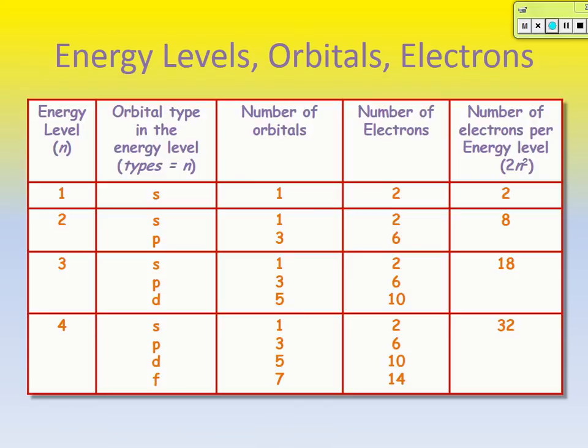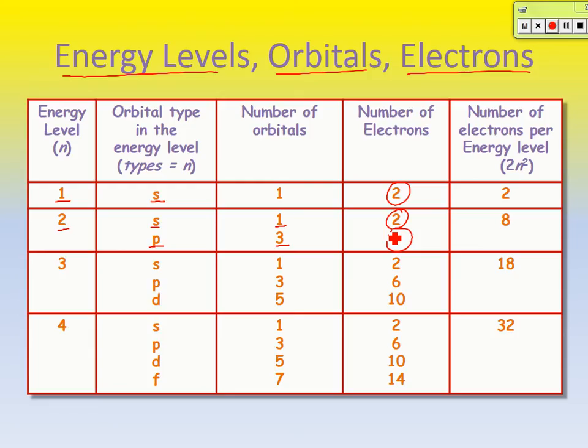Okay, this is a good table that shows you the energy levels, the orbitals, and the number of electrons that can fit in that energy level. It's not in your guided notes, but I briefly want to go over it. In the first energy level, there's just an s orbital. There's only one s orbital, and there are 2 electrons that can fit in that s orbital. In the second energy level, there's an s and there are p orbitals. There's 1 s orbital, there are 3 p orbitals. 2 electrons fit in the s, 6 can fit in the p.